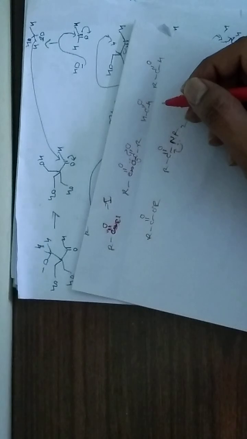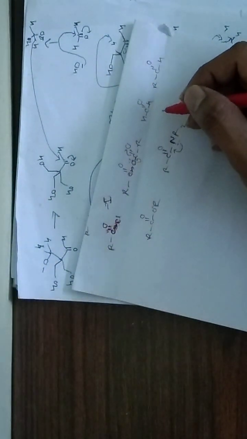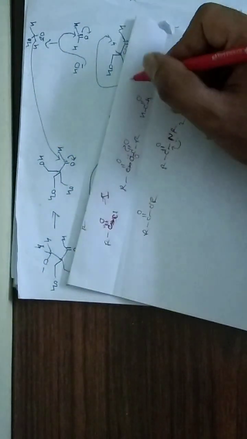Here there is no electron withdrawing group, no electronegative atom. But among these two, the R group always prefers the plus I effect, that is the plus inductive effect. It will make this a little more electron rich than this one.